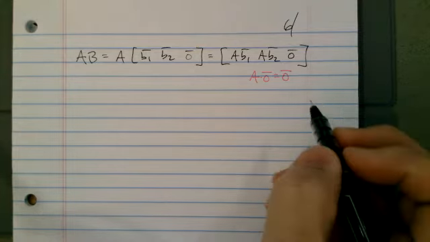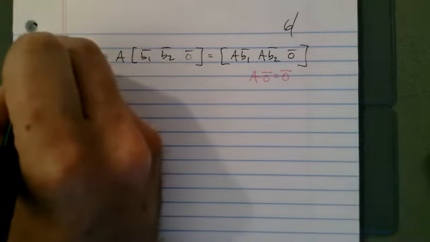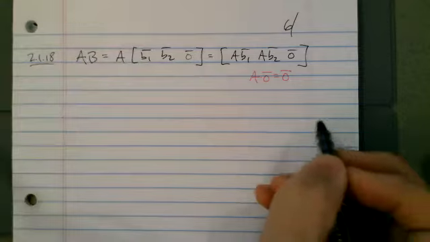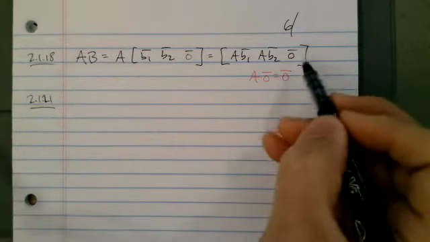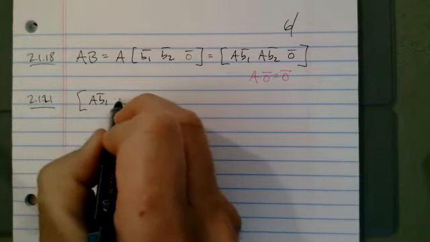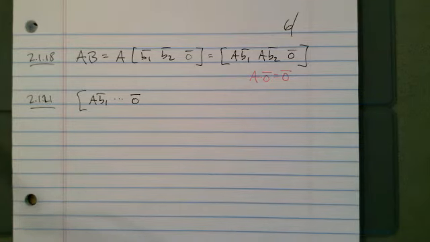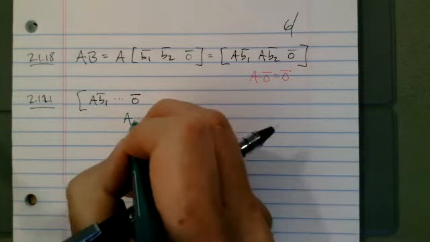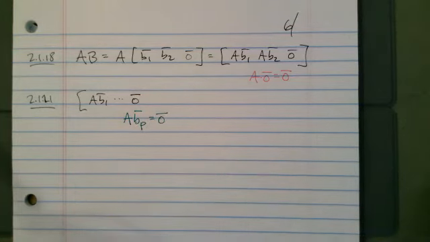So what we have here is, this is in 18. So in 21, we have the last column of AB is 0. So A times Bp, and we get 0 here. So what we're saying is that A times Bp, with B being n rows and p columns, A times Bp is equal to 0.